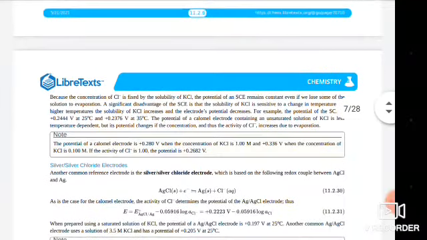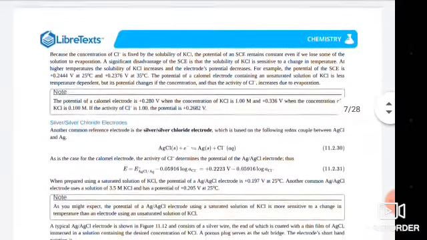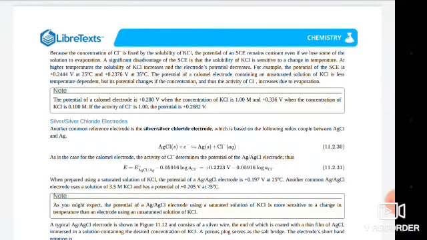Because the concentration of Cl minus ion is fixed by the solubility of KCl, the potential of the saturated calomel electrode remains constant even though we lose some of the solution to evaporation. A significant disadvantage of the saturated calomel electrode is that the solubility of KCl is sensitive to a change in temperature.